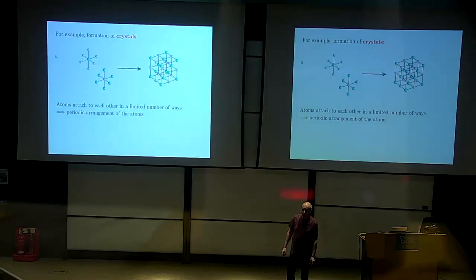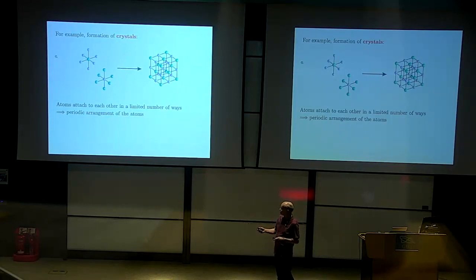And this forcing of periodicity happens, for example, obviously in crystals. The idea is that if you have a sufficiently low number of local patterns, they force the global structure to be periodic.